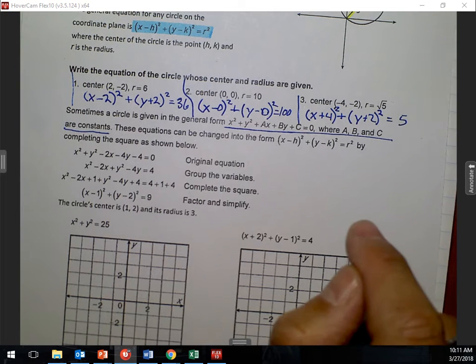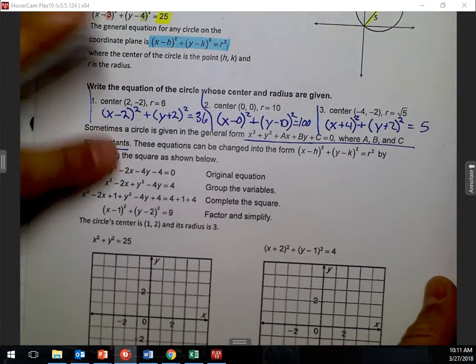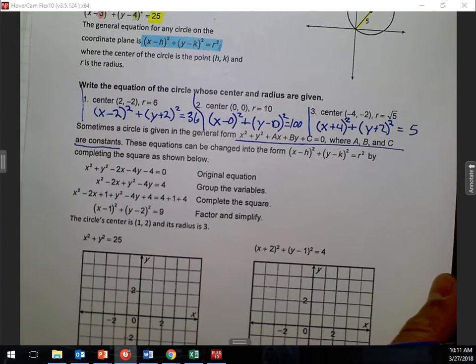Now for this one right here, I am going to show you, because I want to do the work. Everything, the work's done here. That doesn't help you. So we're going to actually copy this on the page underneath so we can go over it, and I'll show you the reasons why.